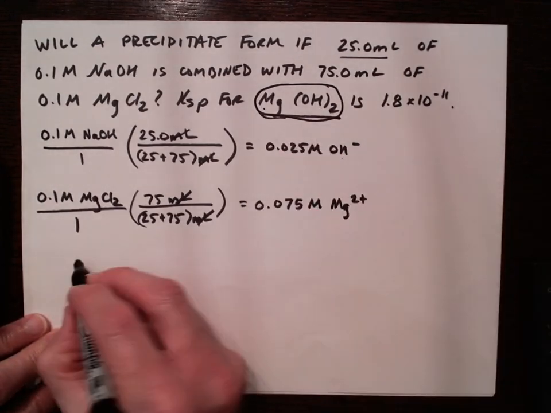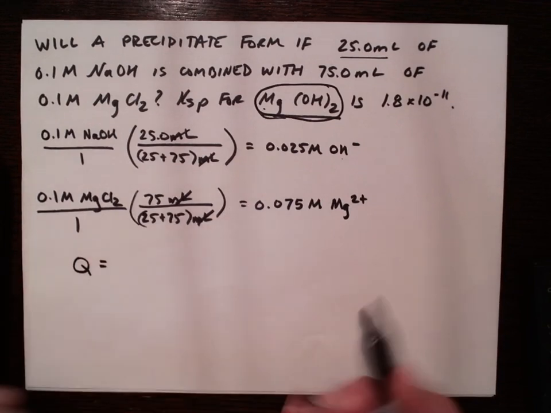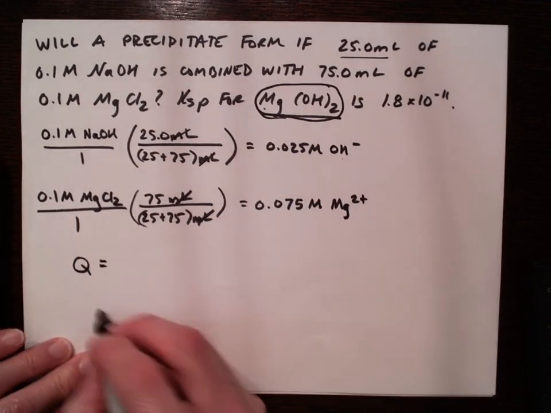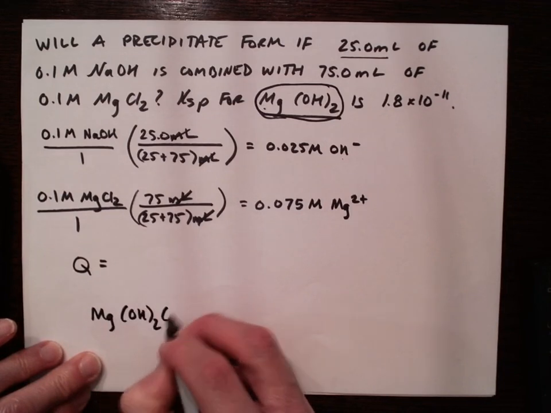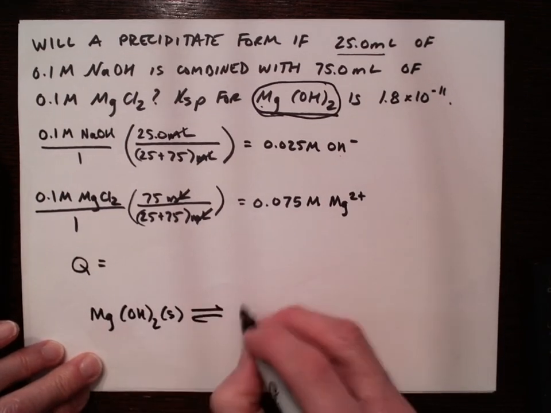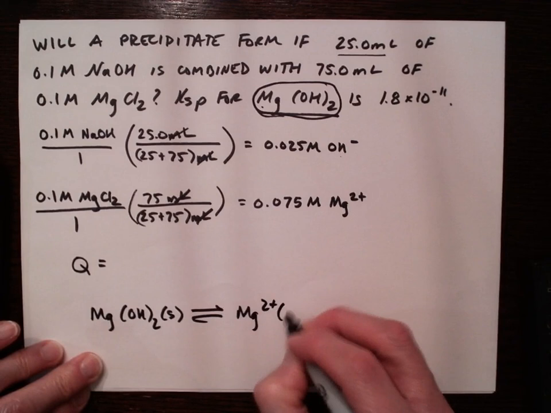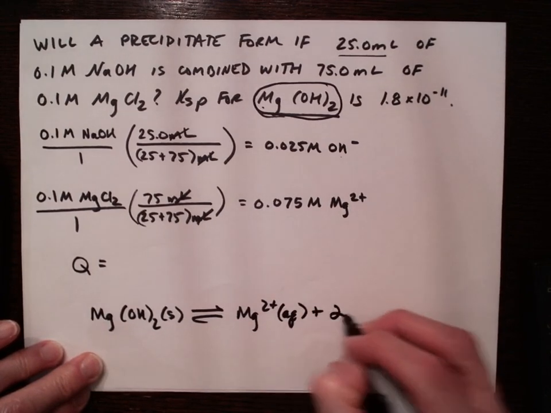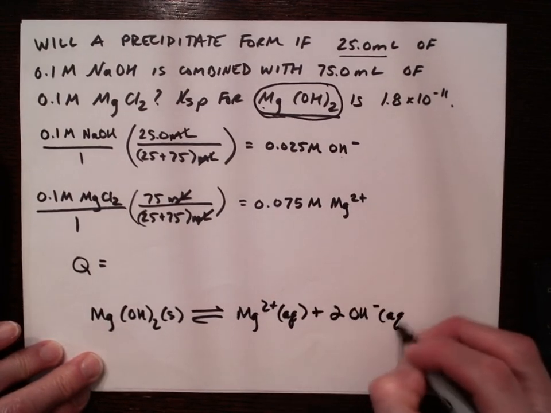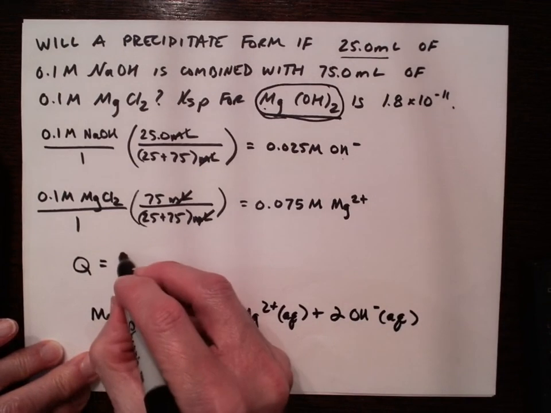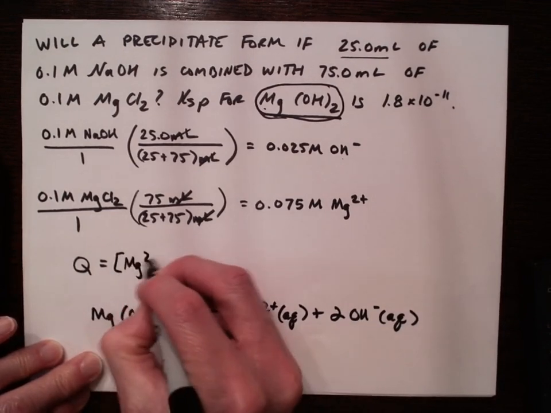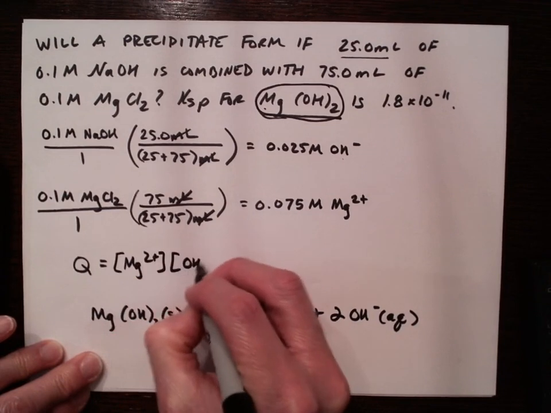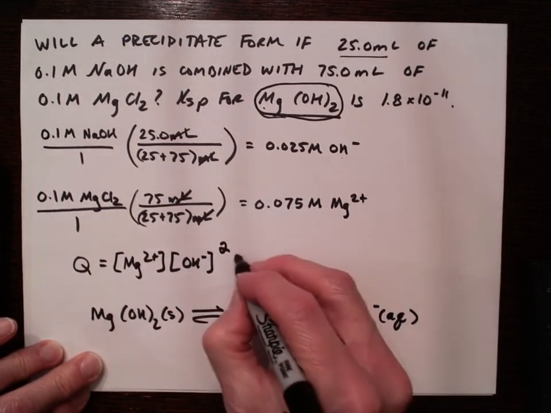So I can calculate a value for Q after I mix all this together. Let's see what Q is going to be first. I just write it out. It makes me feel better. I'm going to get magnesium ion dissolved, and I'm going to get twice hydroxide dissolved. So for my Q, I'm going to need to take my magnesium concentration, and I'm going to need to take my hydroxide concentration and square it.